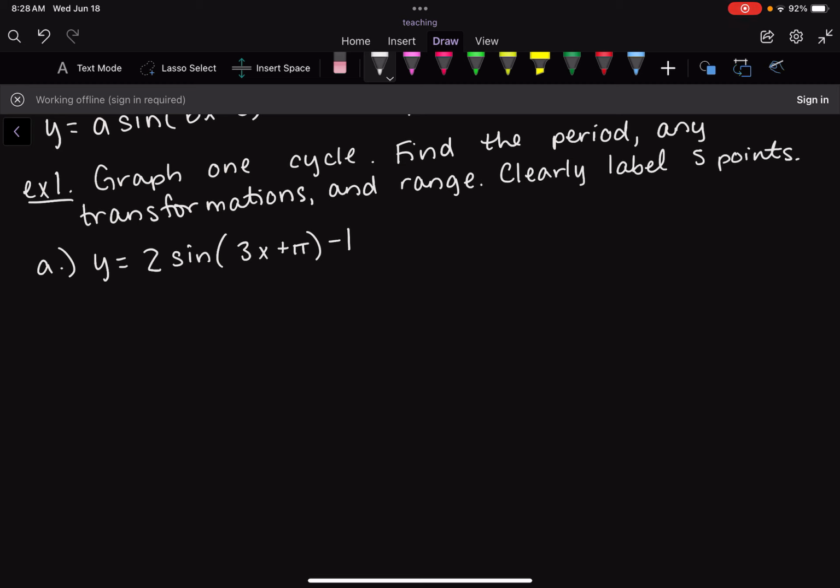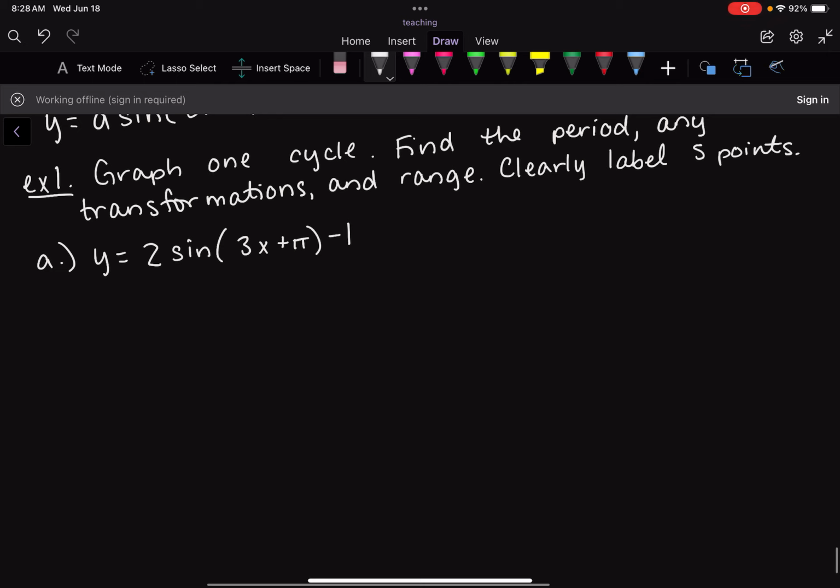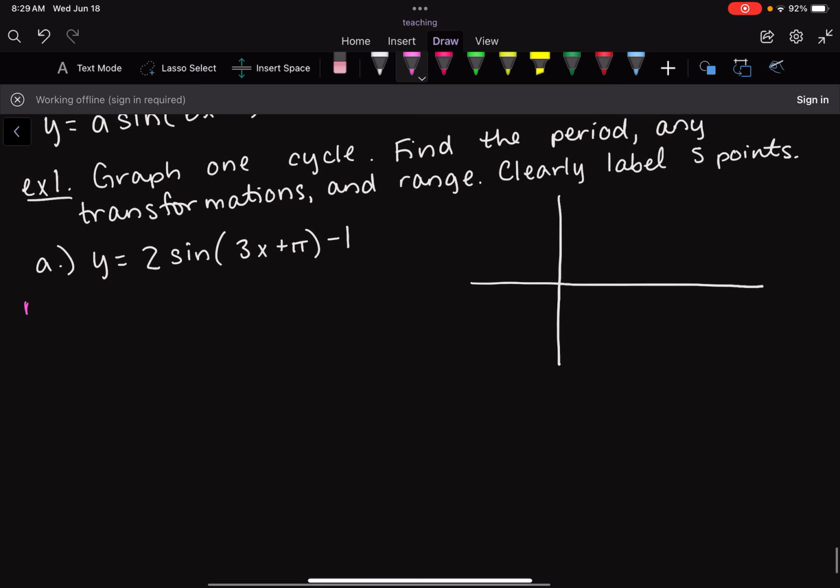The only thing that's different is that now we have a b value to work with. So I'll put my graph over here. Hopefully that looks all right. And so I always like to start with finding our transformations. So first it asks for the period.